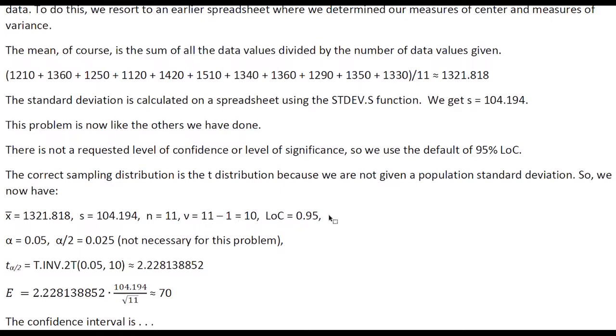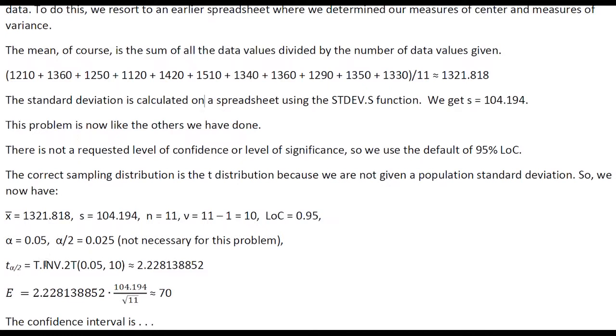N equals 11, so nu is 11 minus 1, which equals 10. And my level of confidence, hey, that was not given in the problem, so we use the default of 95% level of confidence, which means alpha equals 0.05, and alpha over 2 is 0.025.